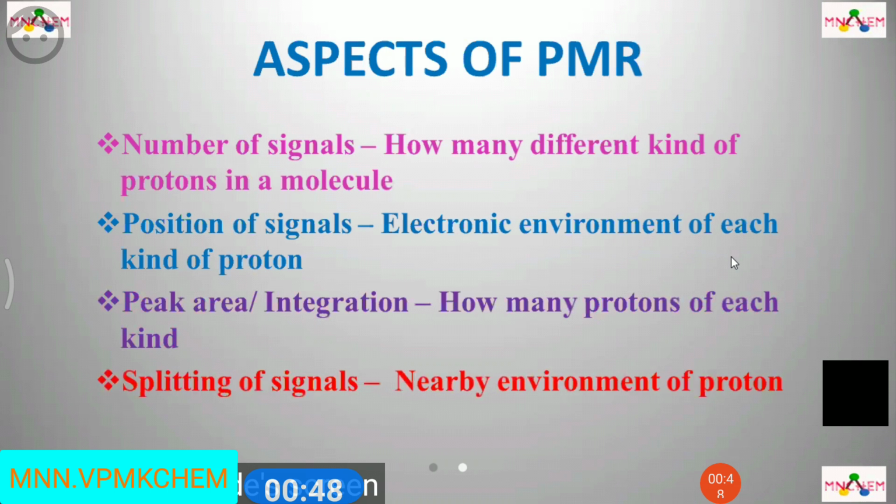And lastly, we look for the splitting of these signals, and that can be correlated with the nearby environment of each proton. So when we look at the PMR spectra of any molecule, usually we'll be looking for these four aspects in the NMR spectra.